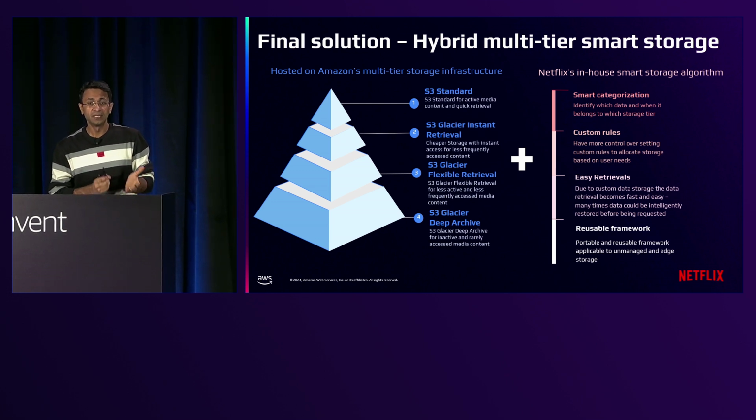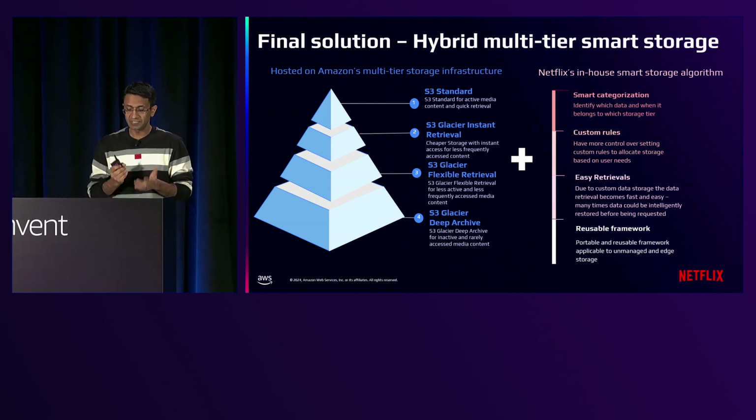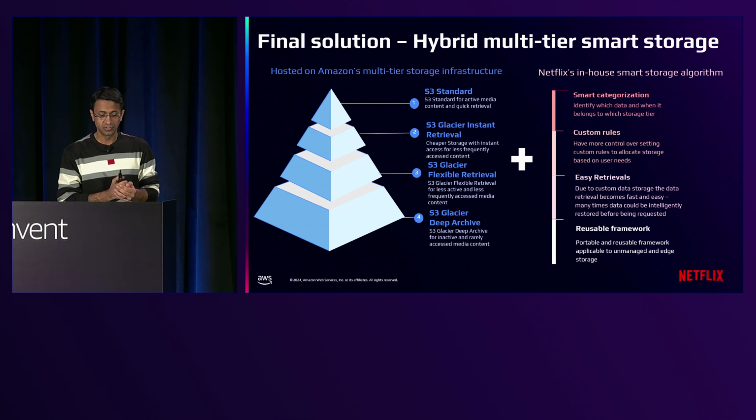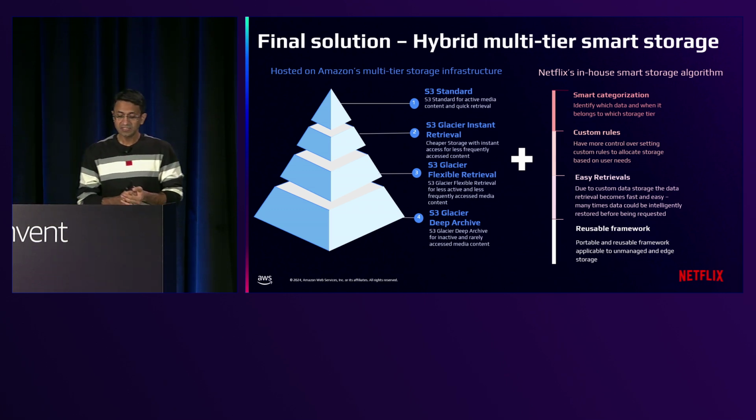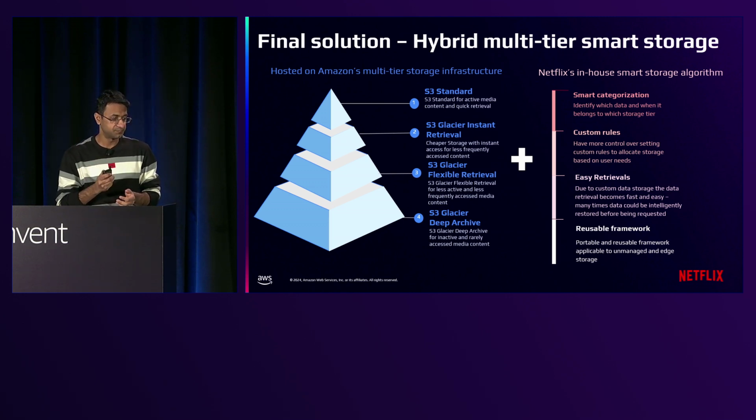In practice, this hybrid approach gives us the best of both worlds: S3's robust infrastructure combined with the precise control and visibility that we need in our content lifecycle management. Let us now look into the components that shape our lifecycle management system.